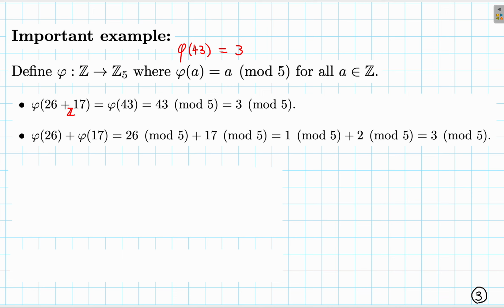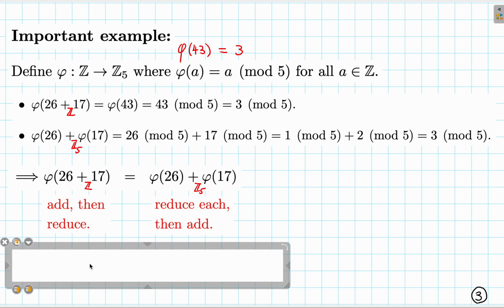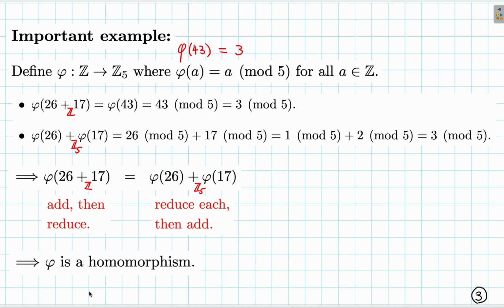And there's nothing special about 26 and 17 here. I'll leave it up to you to show that this relationship holds for any pair of integers a and b. And thus, we can conclude that phi is operation preserving. In other words, it is a homomorphism.